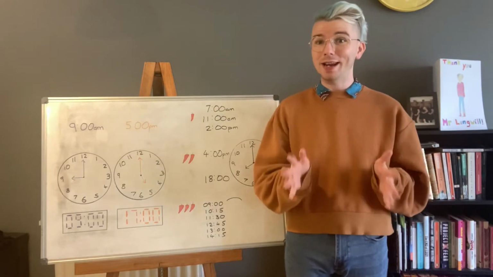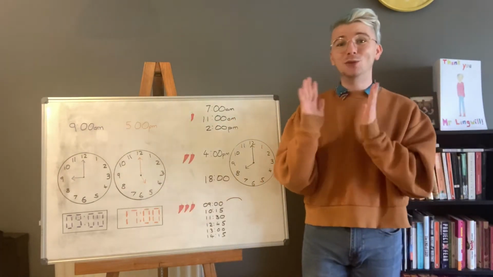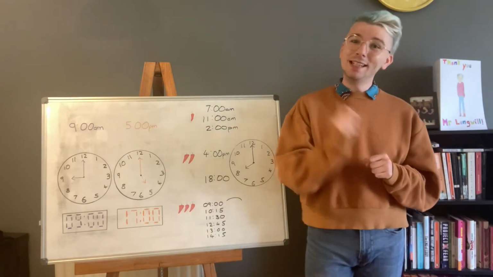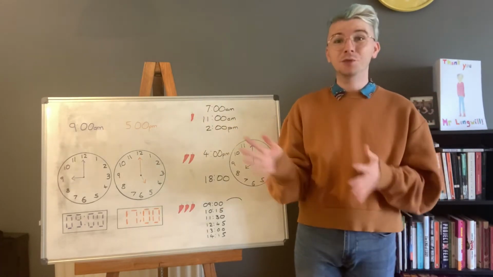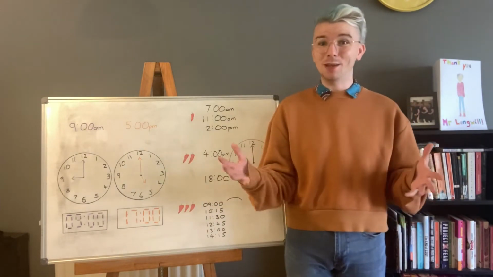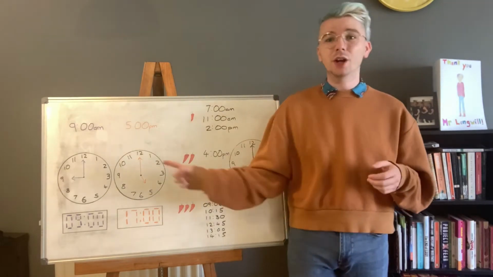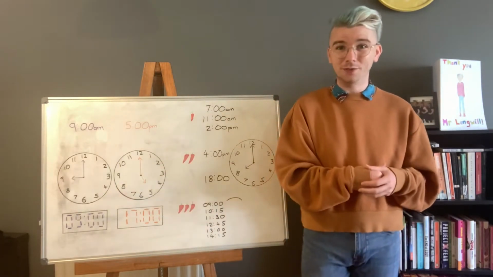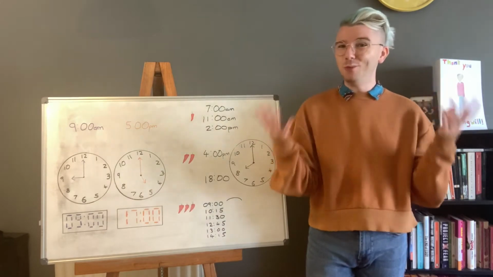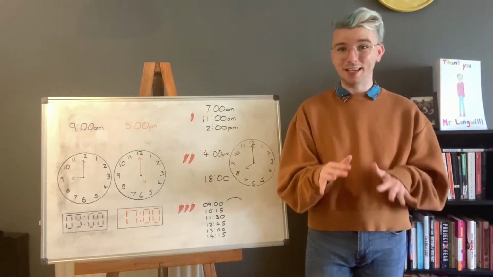We're trying to show 9 o'clock in a different way. Remember, when it is o'clock, the minute hand needs to point to 12, and your hour hand will point at whatever hour o'clock. 5 o'clock, we can see the same thing. Our minute hand is pointing straight up at 12, and our hour hand is pointing at 5. And if those two were swapped around, it wouldn't make 5 o'clock. It would make a completely different time that's not the same.